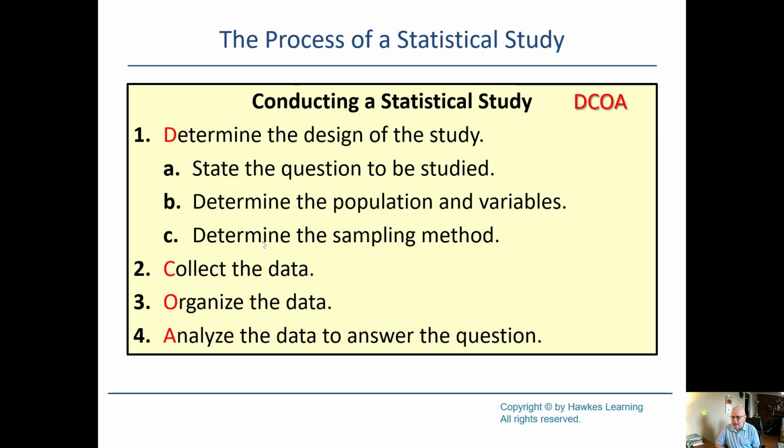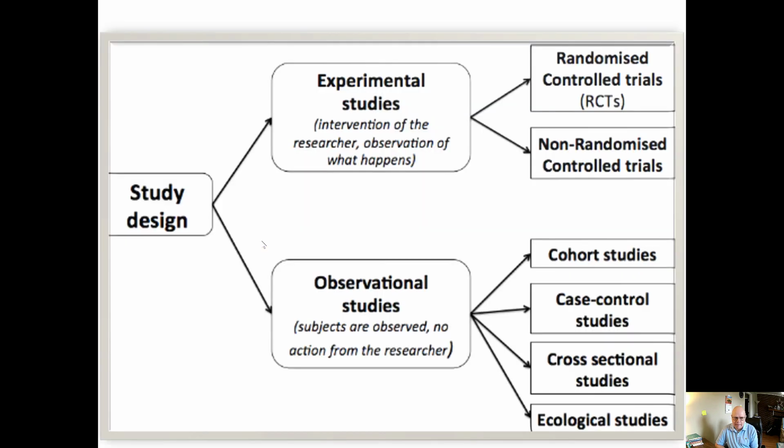Unfortunately, DCOA doesn't represent a word, but it does represent the order in which you're going to conduct this statistical study. Here's another graphic showing you starting a study design. Decide whether you're going to do an experimental study or an observational one and so on. A good picture. We're going to cover several of these things, not all of them.